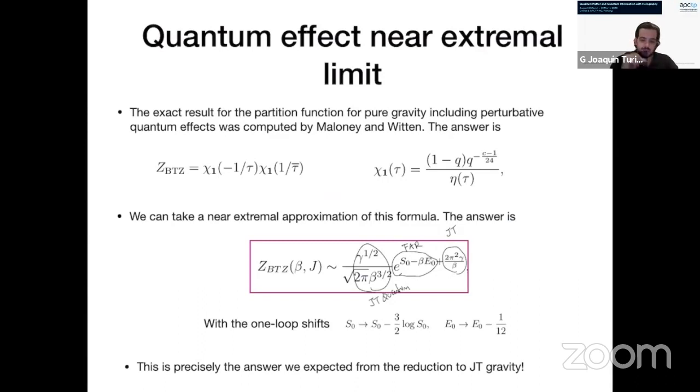Up to a small subtlety, that you have to shift the extremal entropy in a way that is very well understood. This just comes from doing the path integral in rigid AdS2 without including corrections of finite temperature. And this is the calculation that in higher dimensions Ashoke Sen would have computed. And this 1/2 as well comes from the same reason, from one loop effects of the graviton.